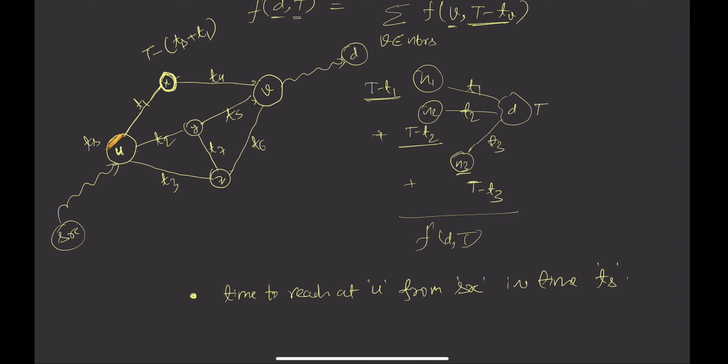That means in this amount of time, if I'm able to reach the destination, then only can I say that the number of ways to reach x in time t dash, which is ts plus t1, is some value such that in the remaining amount of time, that is T minus t dash, I can reach the destination.